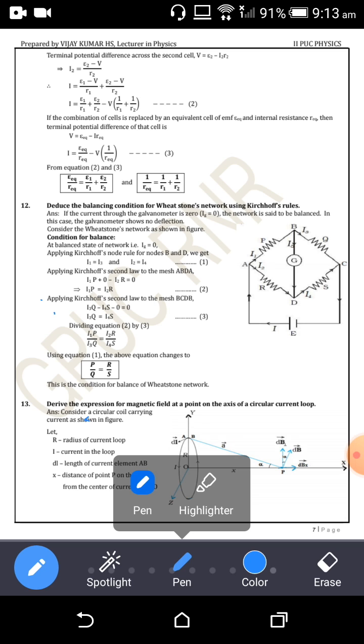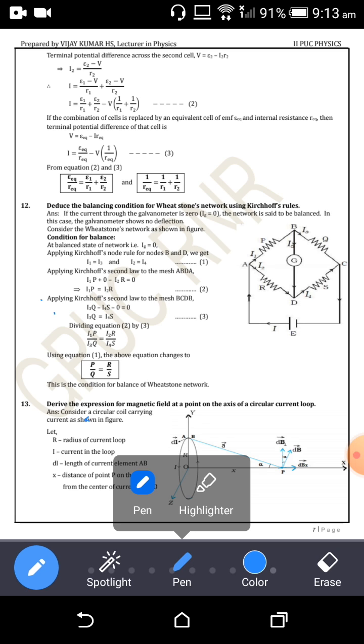Okay, so in this case what we are going to do now is, if the combination of cells is replaced by an equivalent cell of EMF E equivalent and internal resistance R equivalent, then the terminal potential difference of that cell is given by V is equal to E equivalent minus I R equivalent.